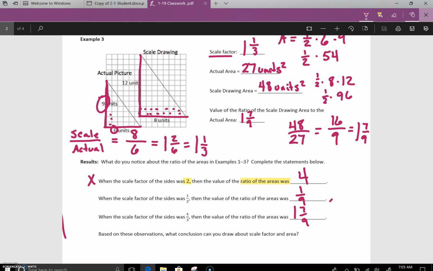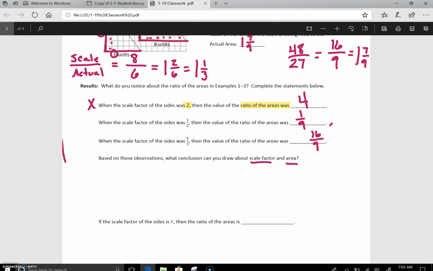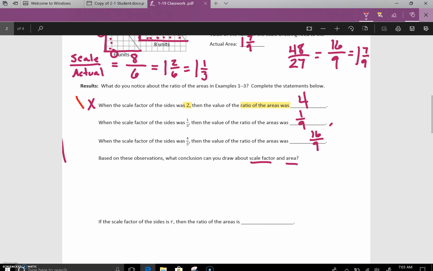And it says, based on the observations, what conclusion can you draw about scale factor and area? And this will be really helpful, especially if we rewrite this one as an improper fraction as 16/9. Here's the conclusion we can draw. If you have the scale factor, all you have to do is multiply it by itself to get the ratio of area. Here's what I mean. Look at the first one again.